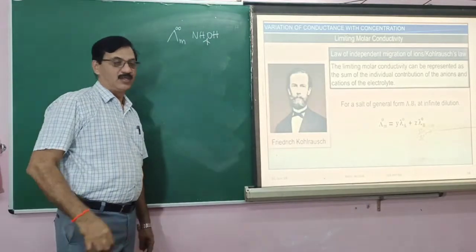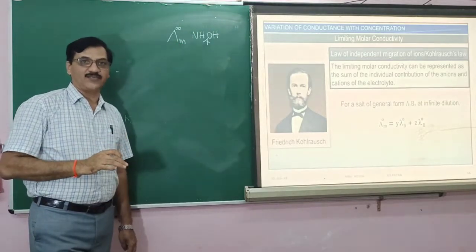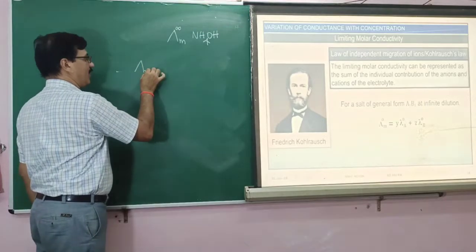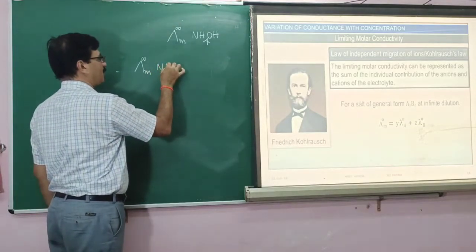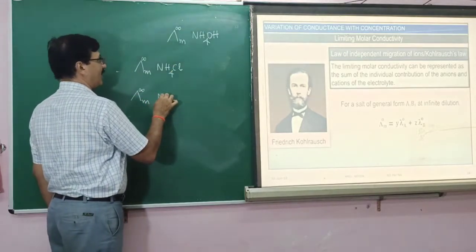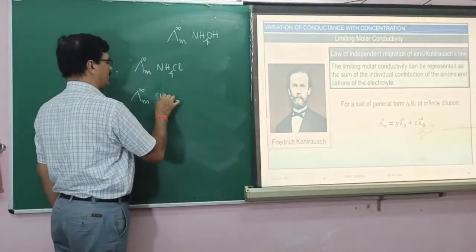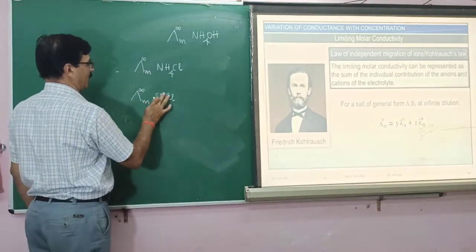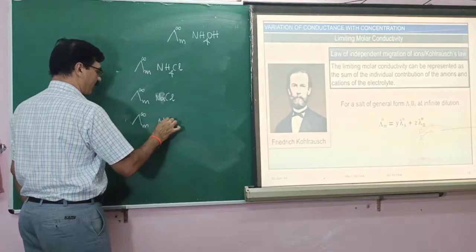Then, for finding this, we want the molar conductivity values of three strong electrolytes, which can be determined graphically: lambda m infinity of ammonium chloride, of NaCl, and of NaOH.